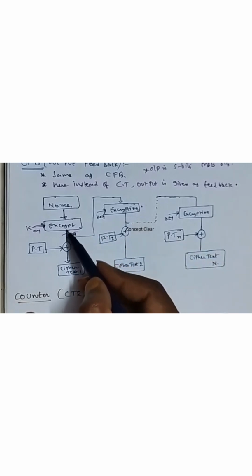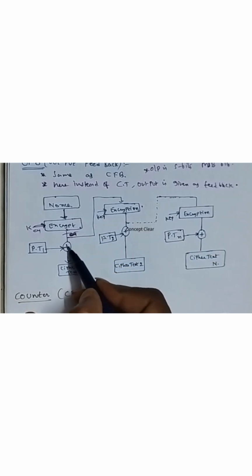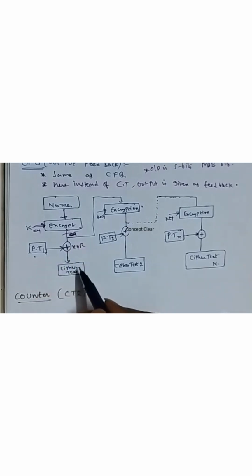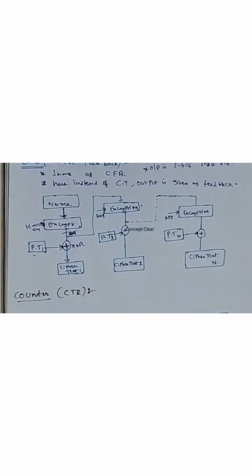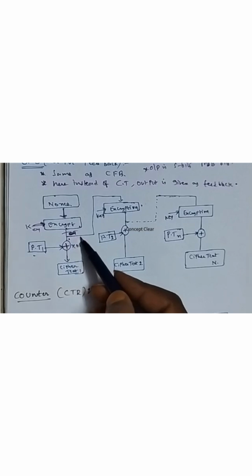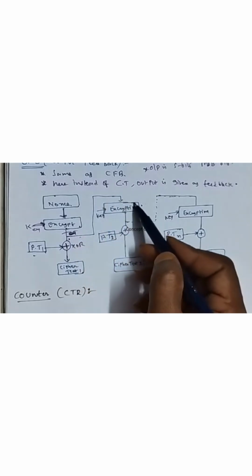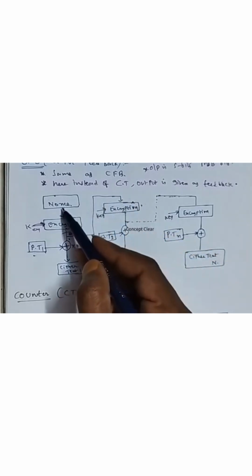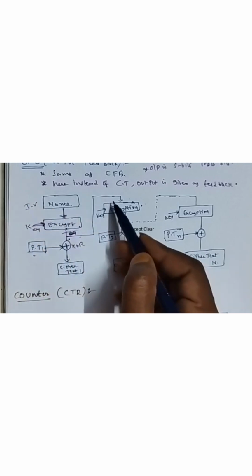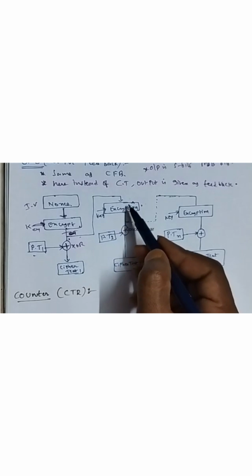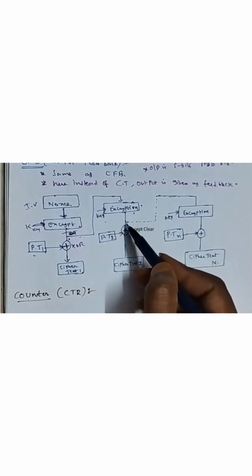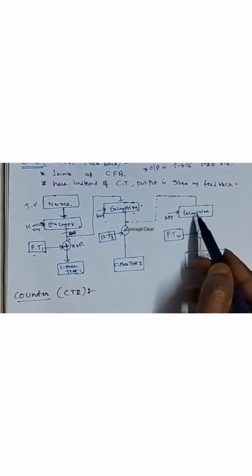After that, we perform an XOR operation of this encryption result with plain text 1, and we get the ciphertext. Here we take the initial vector, but in the next round we take the output of the first round. Again we perform encryption with the key, and that result goes to the next round.